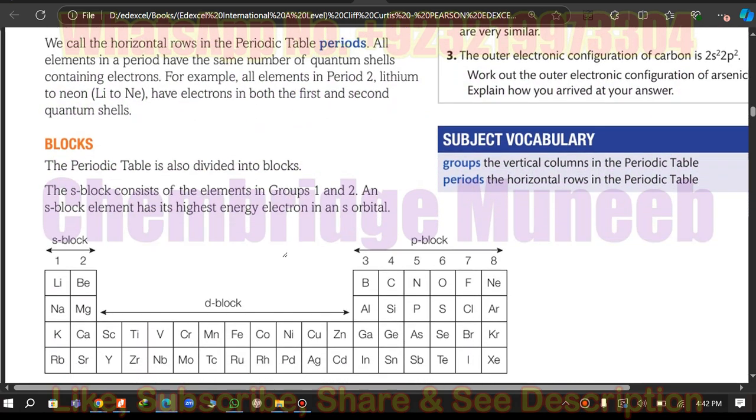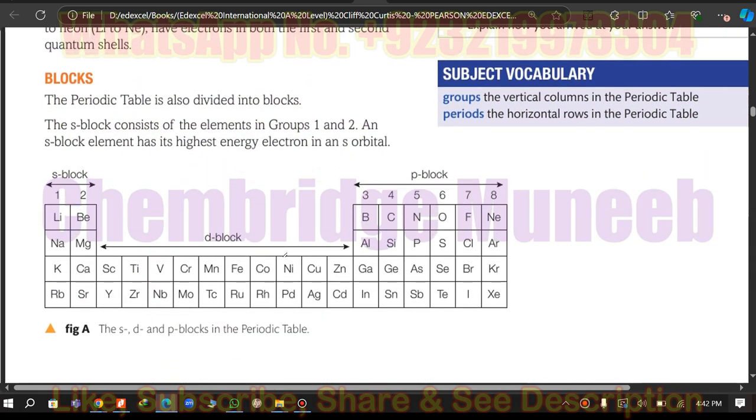So here they have mentioned with the diagram what the blocks are. Group 1 and 2 are s block elements. Group 3 to 8 are all p block, and this whole series indicates the transition elements or d block. You can call it transition metals, transition elements, d block elements, or d transition series, whatever you like.